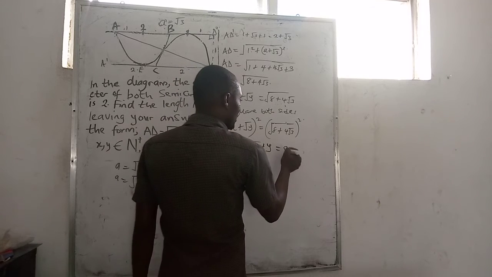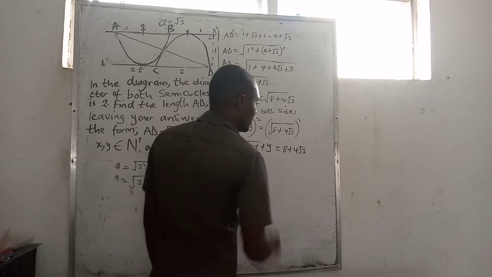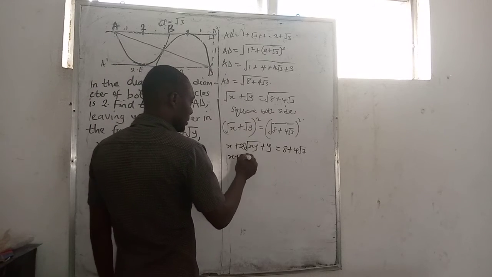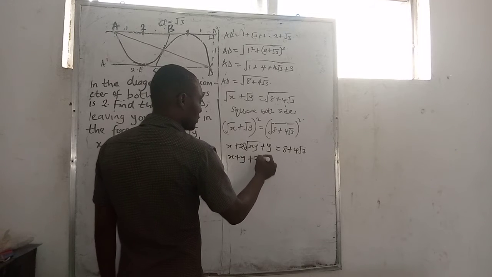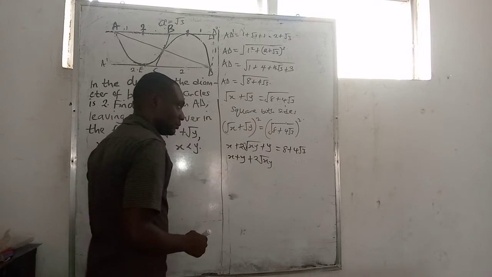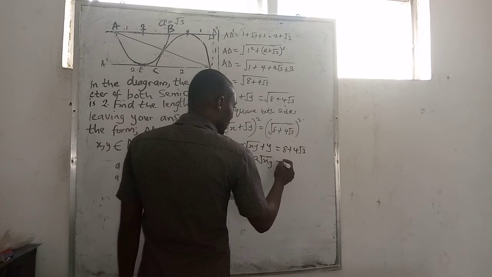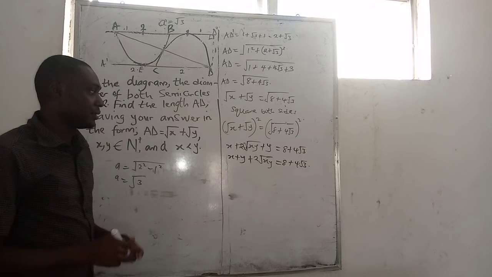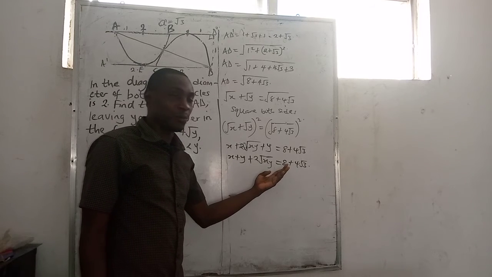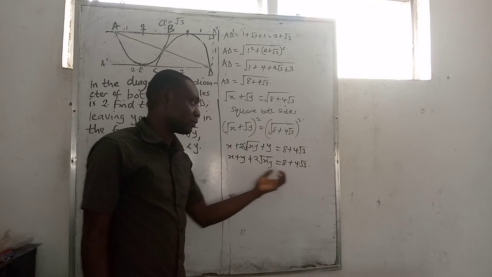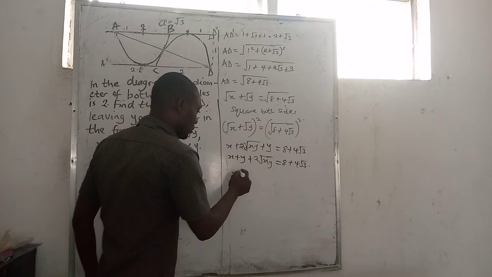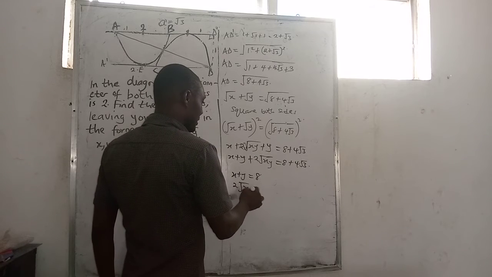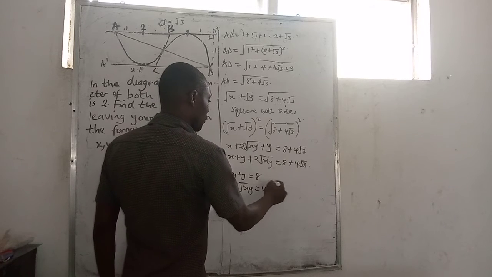So I'm going to have 8 plus 4 root 3. So we can say x plus y plus 2 root xy equals 8 plus 4 root 3. By comparing the terms without root and with root, it means that x plus y equals 8 and 2 root xy equals 4 root 3.